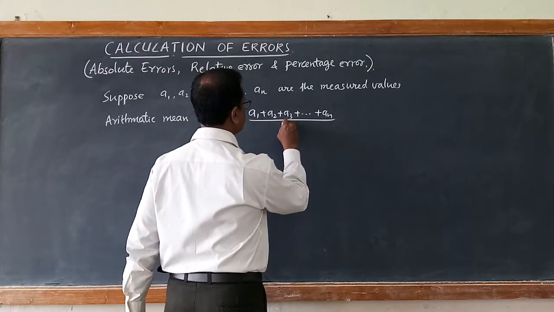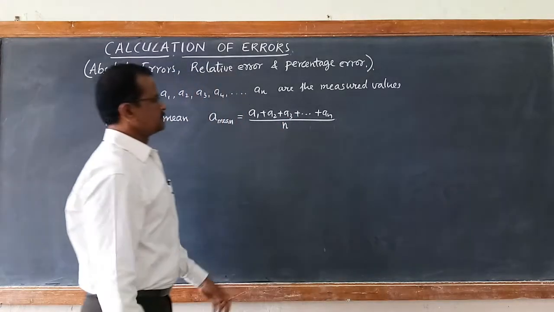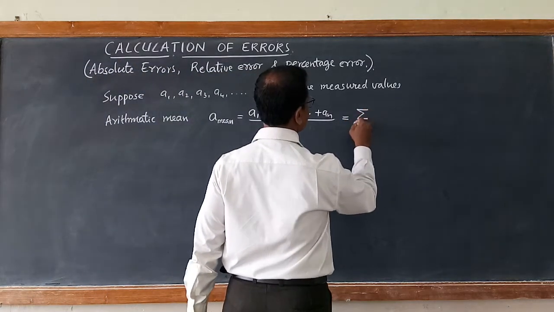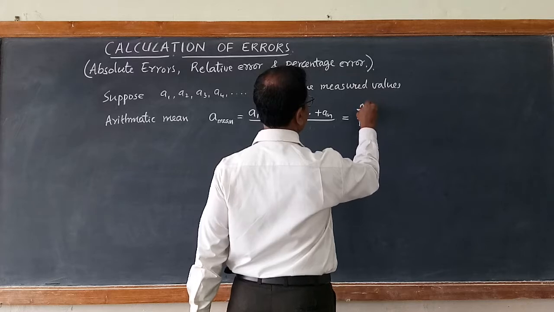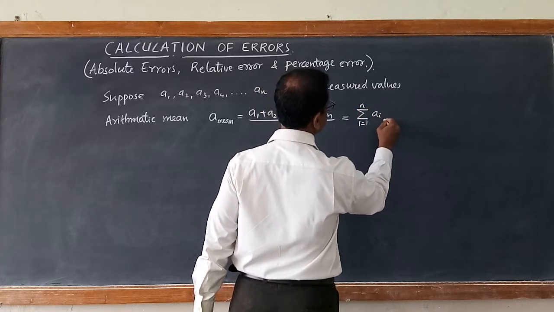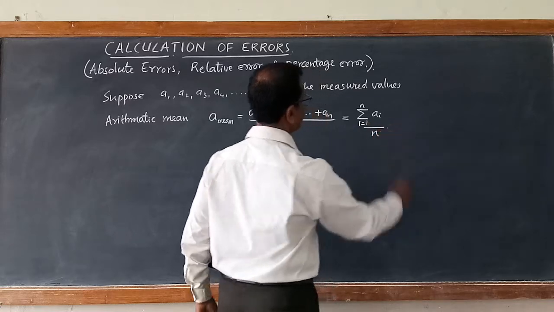The number of measured values here is n. So this can be written as sigma i equal to 1 up to n, ai whole divided by n.